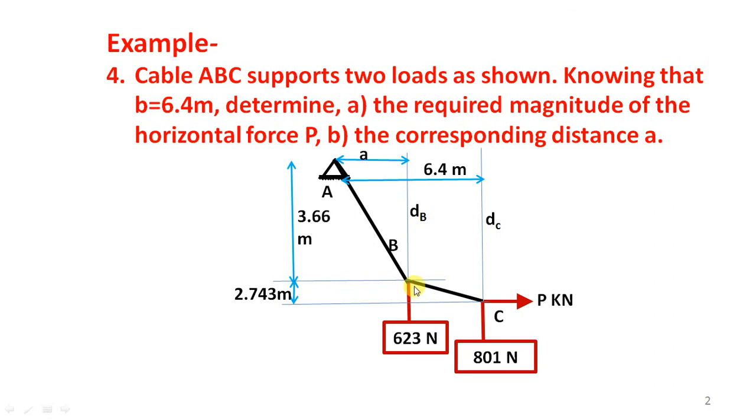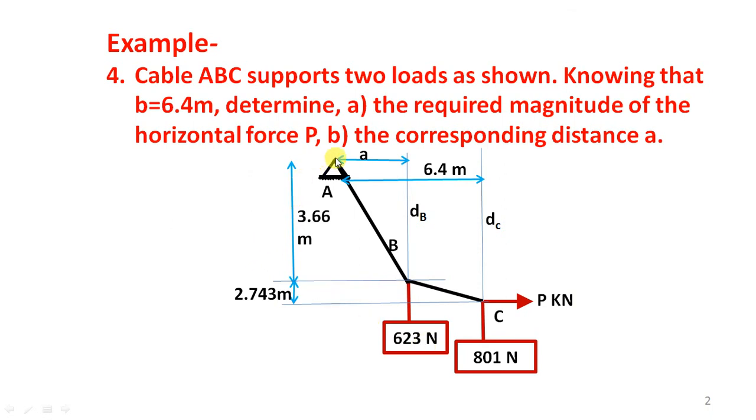It carries a load at point B of 623 Newton, at C 801 Newton, and at A there is a hinge support. We have to find the distance A, and this distance B is given as 6.4, and we have also been asked to find the force P.